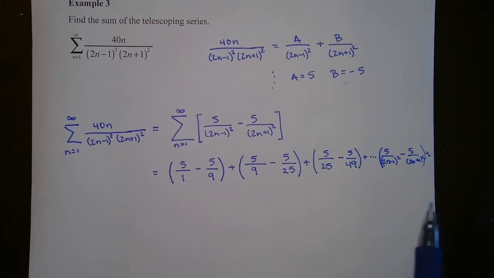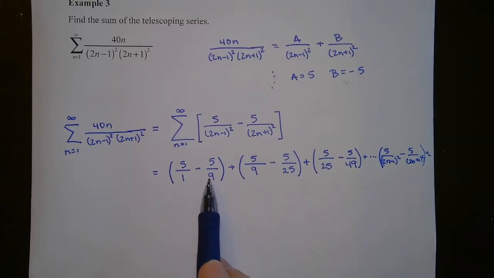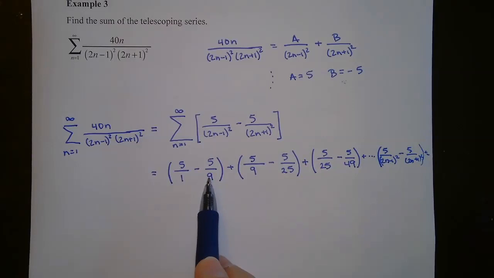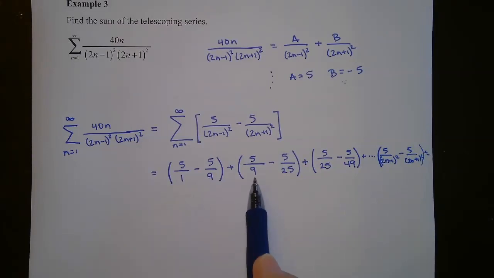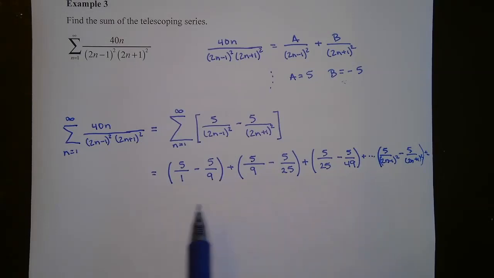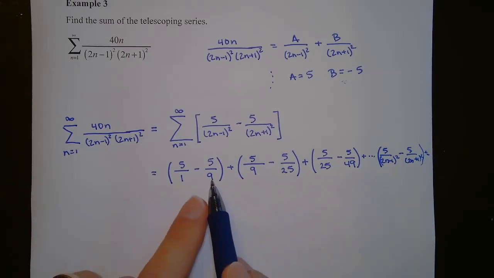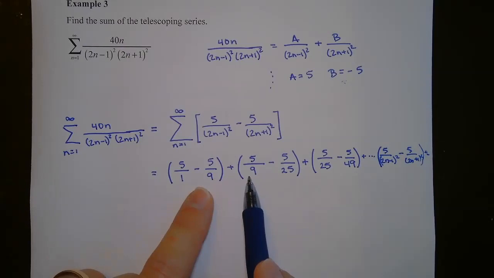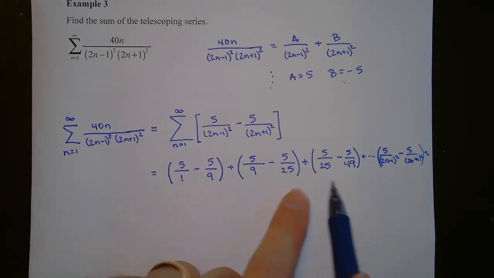So that's the nth one. But if you look at this, there's a pattern here. The second fraction in the first term is going to cancel with the first fraction in the second term, and that's always going to happen. So this one's always going to cancel with this one, and then these two are going to cancel, and these two are going to cancel.